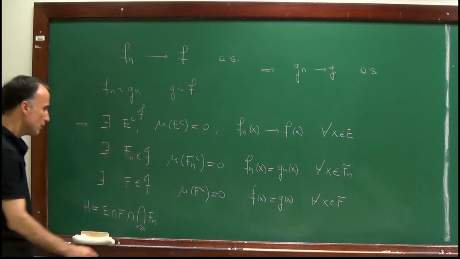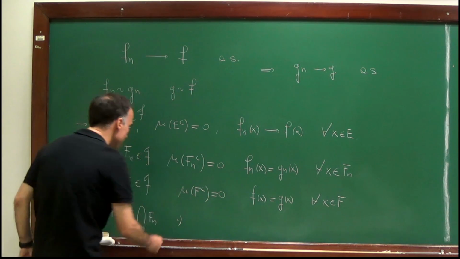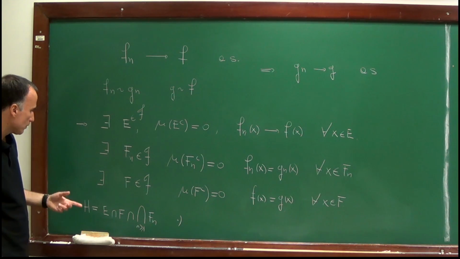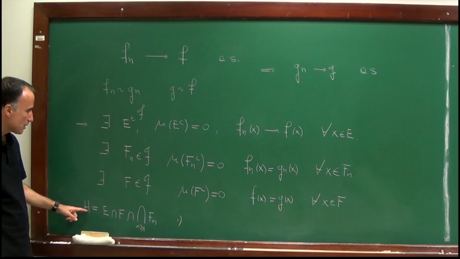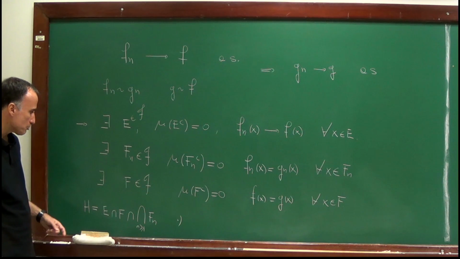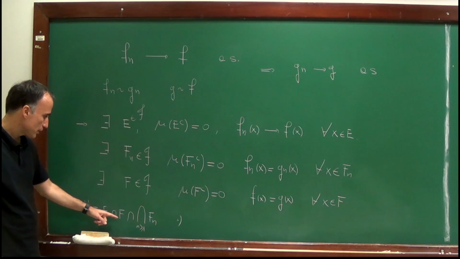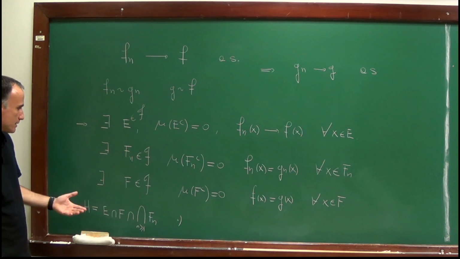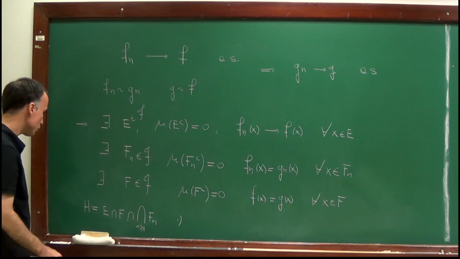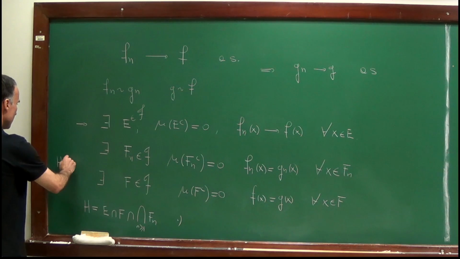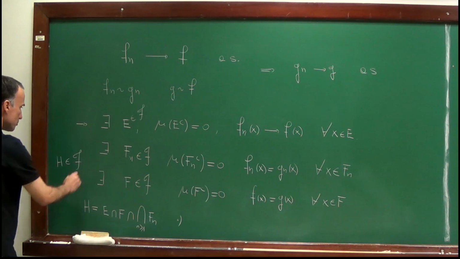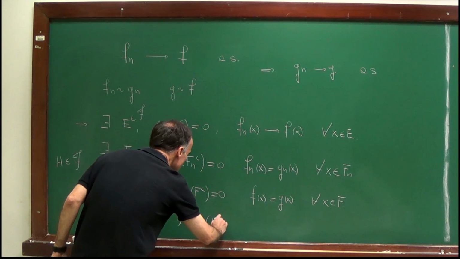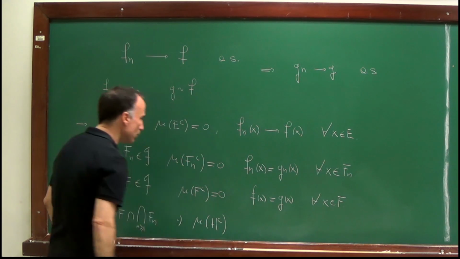What I claim is that on the one hand the measure of the complement of H is 0. First, observe that H is an element of the sigma algebra F because each of these sets E, F and Fn is an element of F. And I claim that the measure of the complement of H is 0.